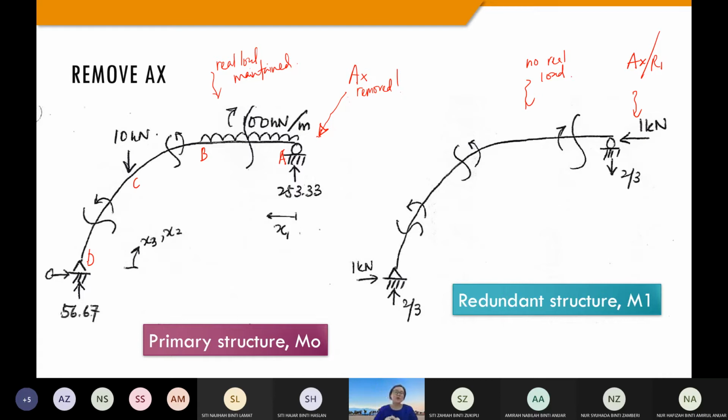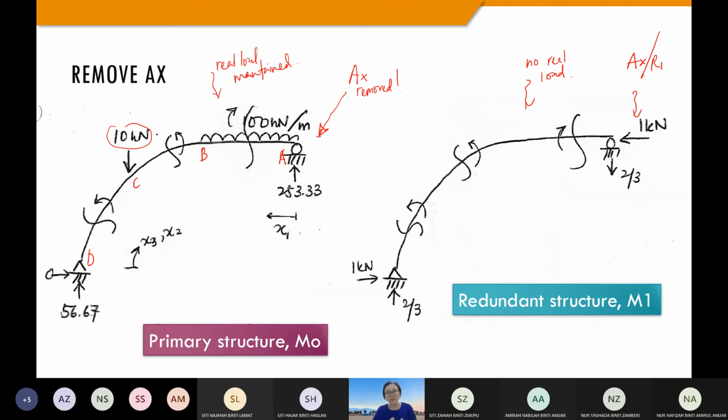Then we need to know also at each of these sections how many times we are going to cut, unless there is some loading that will differentiate this bending function. For example, at AB we cut once. For BD, we have to cut twice because of this 10 kilonewton. Then you have decided for these 3 cut sections.